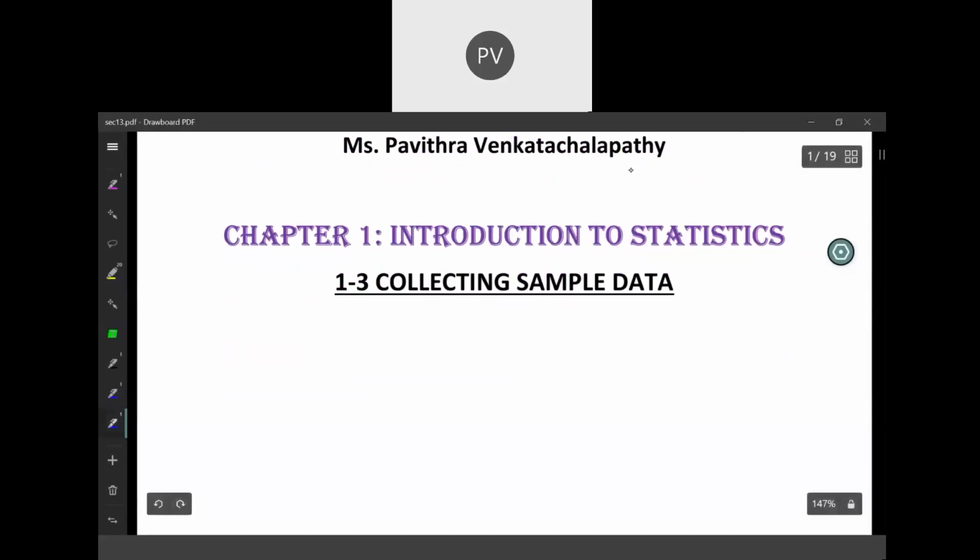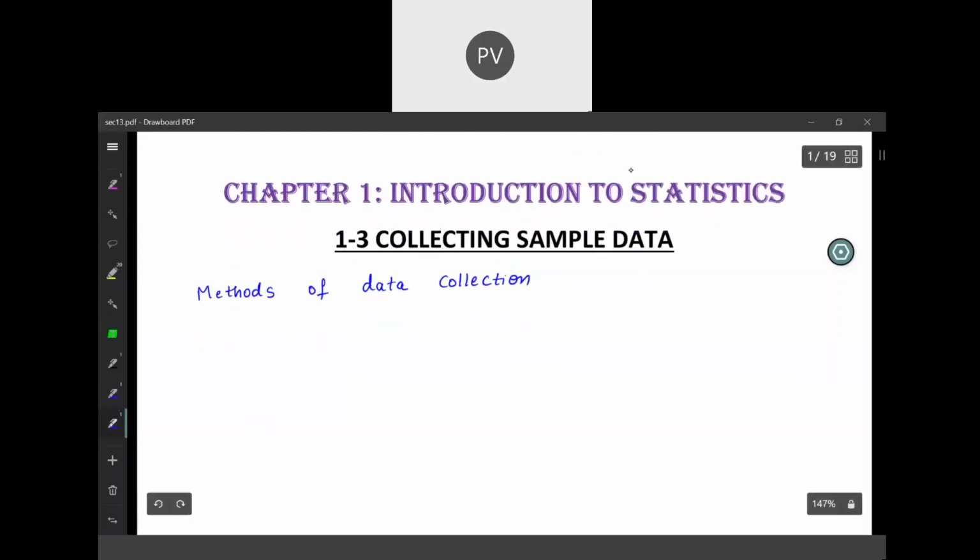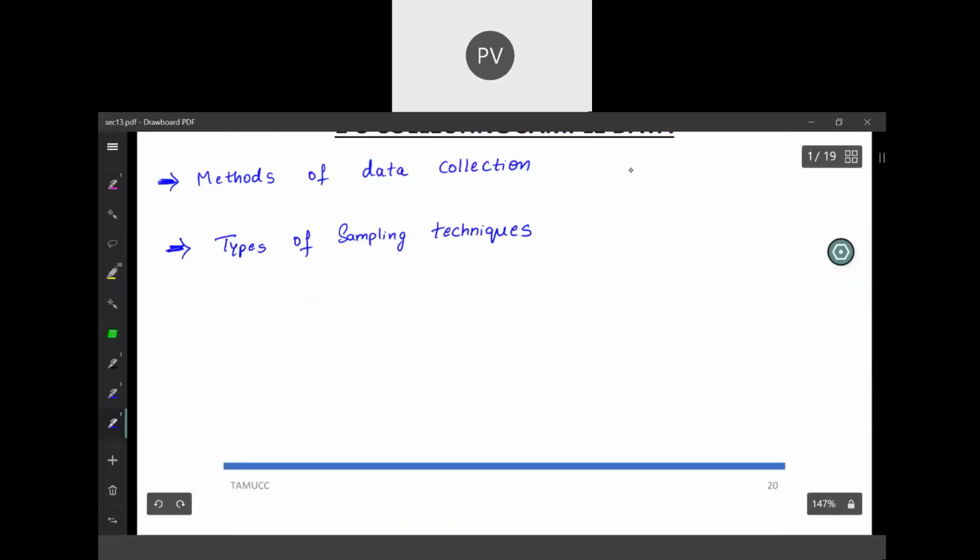One is methods of data collection and their subdivisions, and also about types of sampling techniques. Okay, so let's get started.